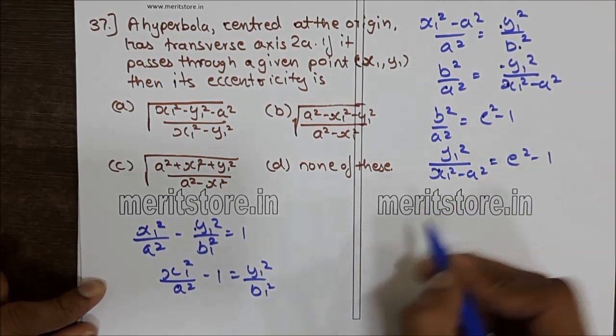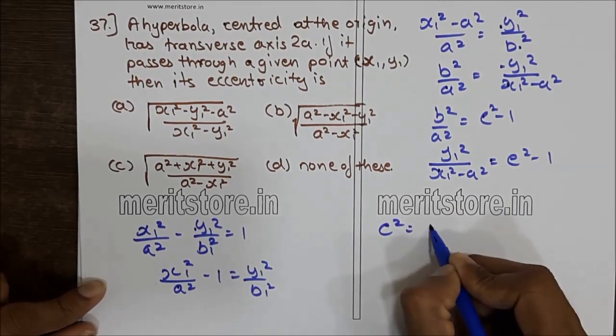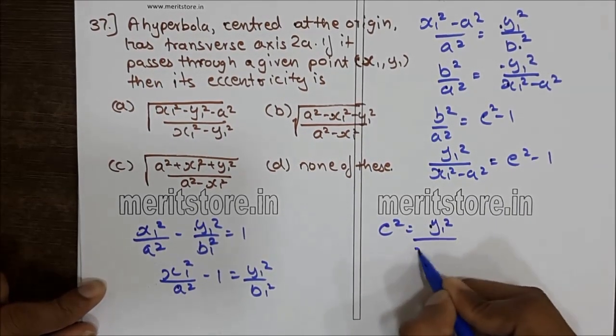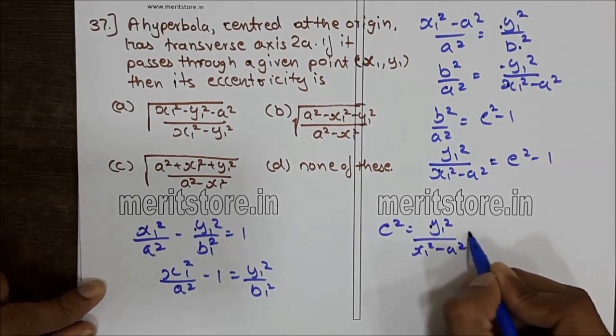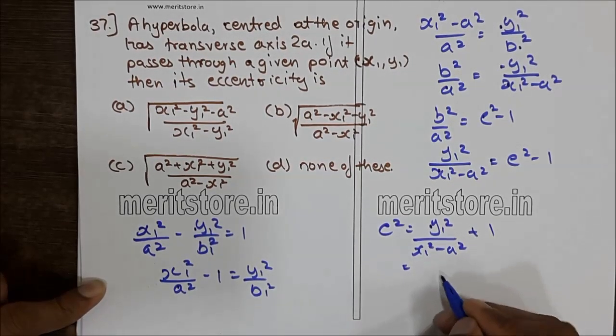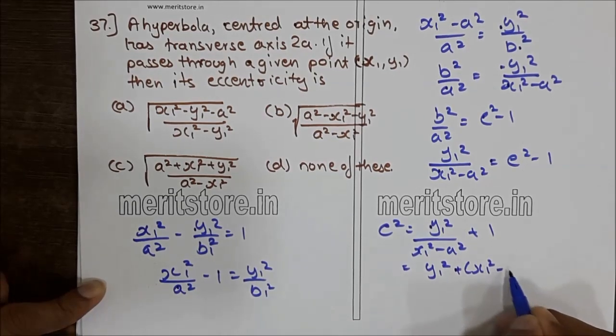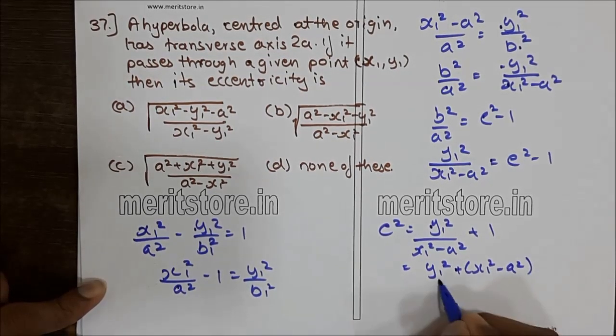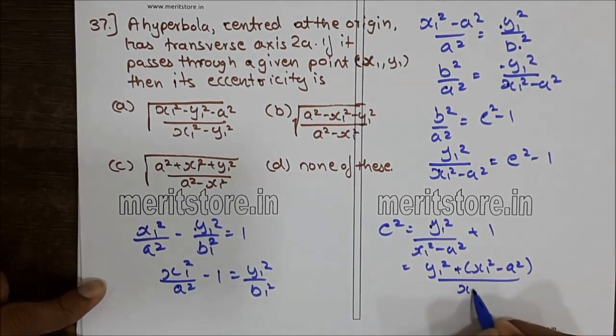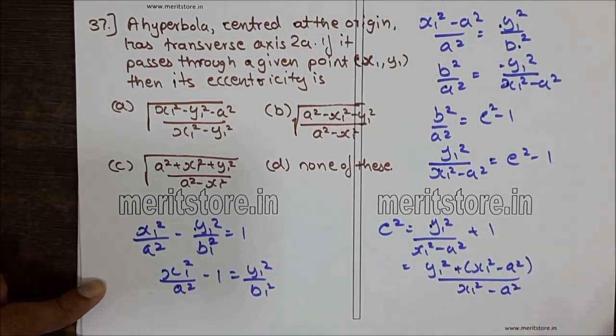Solving this, we get e square equal to y1 square upon x1 square minus a square, plus 1. We can write this as y1 square plus x1 square minus a square upon x1 square minus a square.